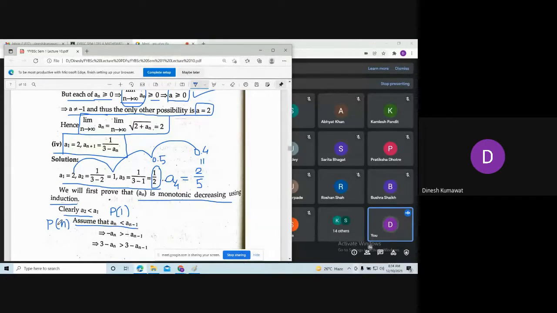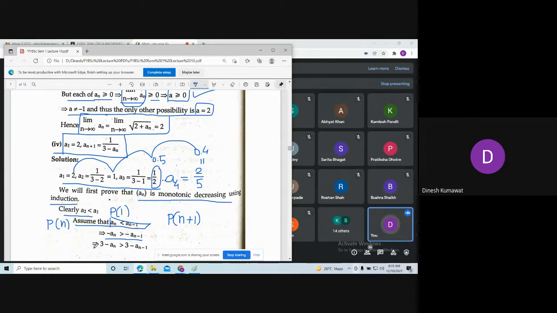Okay, so we are applying the same steps. We are assuming that p of n is true. Now we are going to check whether p of n plus 1 is true or not. For that you take this assumption. Now just multiply by a negative sign. So the inequality reverses: on the left hand side we have minus an is bigger than minus an minus 1.